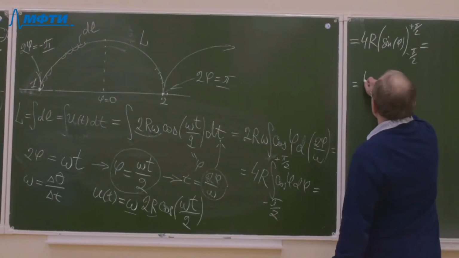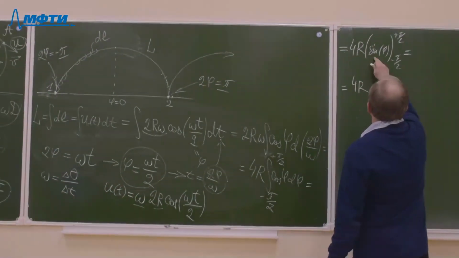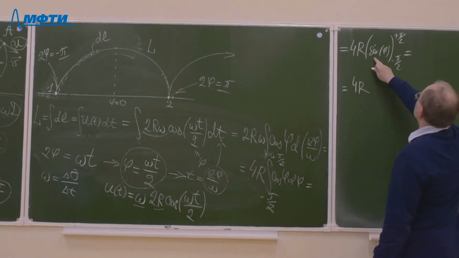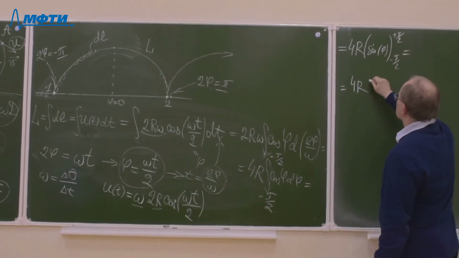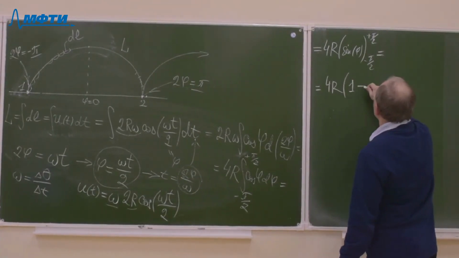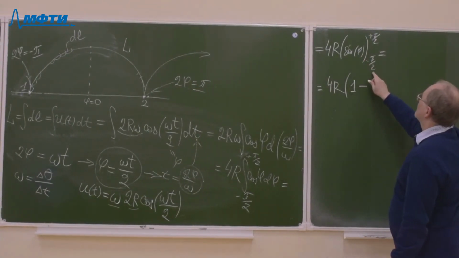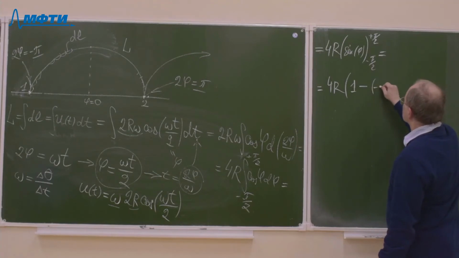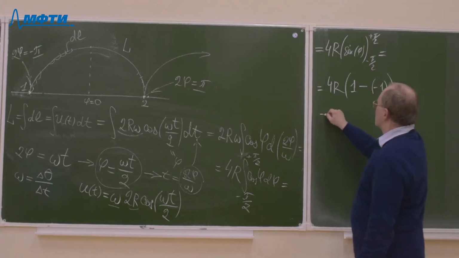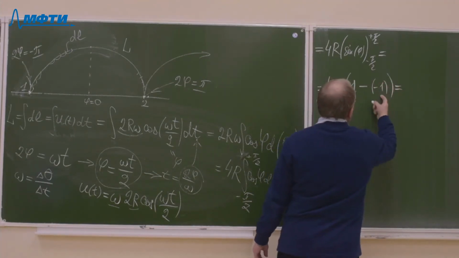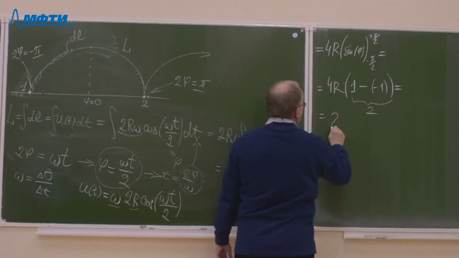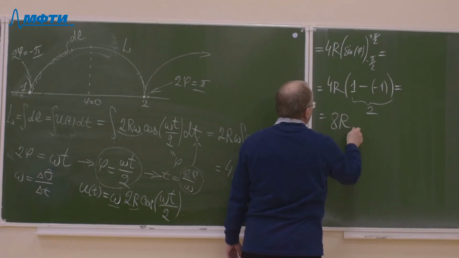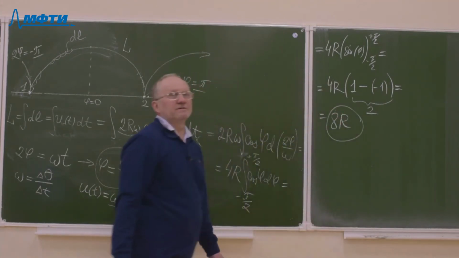So that will give us 4r sine. If phi equals plus pi over 2, sine equals 1. Minus, when phi equals minus pi over 2, sine equals minus 1. So that will be 1 minus minus 1, that will be 2. And 2 times 4 will give you 8r.